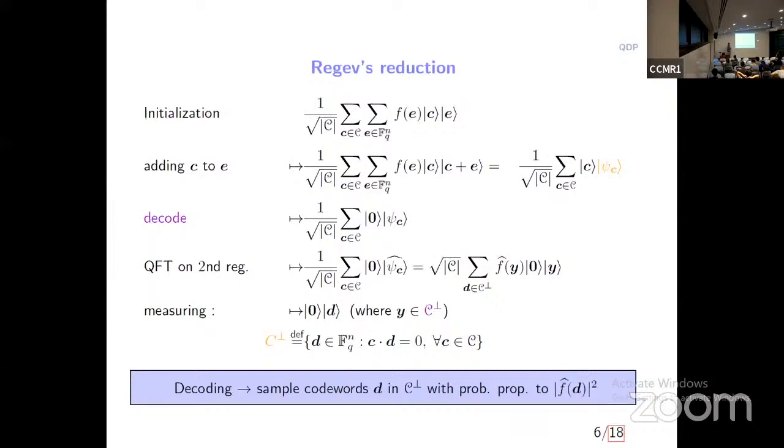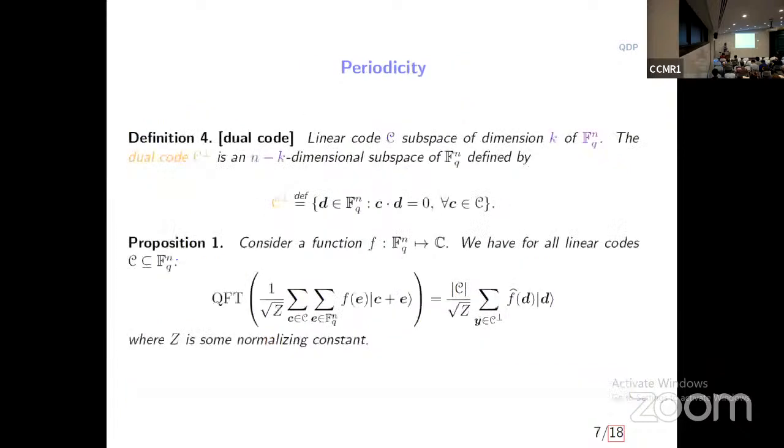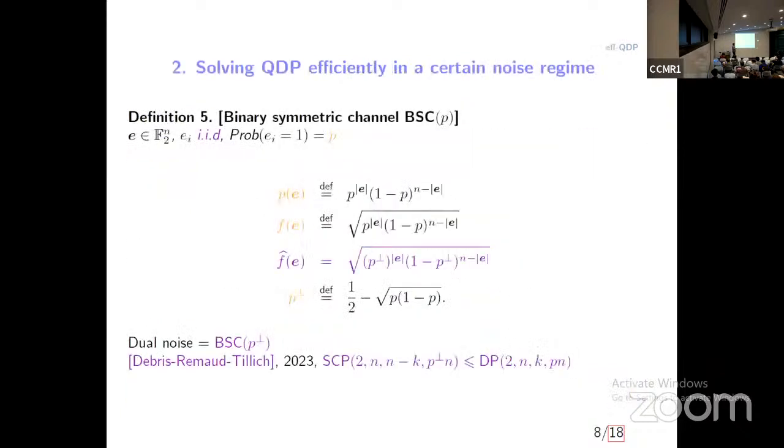And if you expect that the quantum decoding problem is easier, well, solve the quantum decoding problem instead. And so basically you have a way, through this reduction, to construct small weight code words by solving the quantum decoding problem. Great. So basically this is what we are going to do.